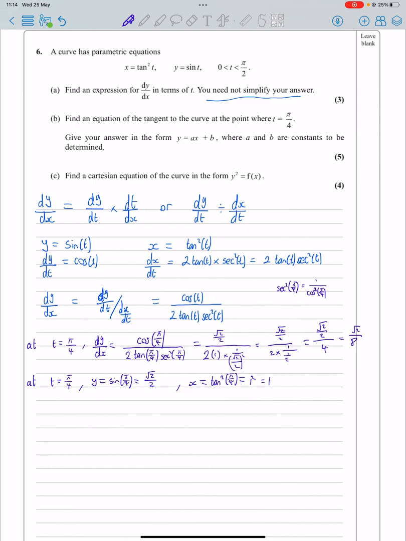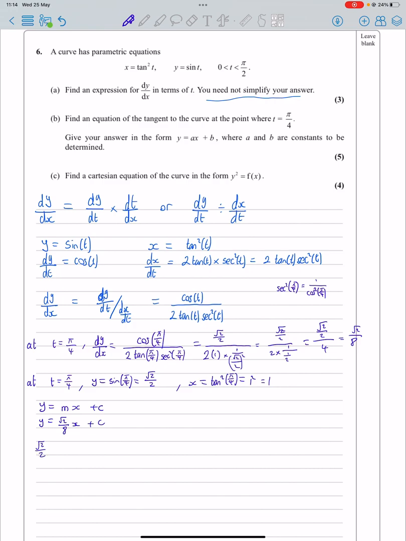So we can use y equals mx plus c, or we can use y minus y1 equals m(x minus x1). It's up to you. I'm just going to go with y equals mx plus c. We know that the gradient m is root 2 over 8. So y equals root 2 over 8 x plus c, and we're going to substitute in y equals root 2 over 2.